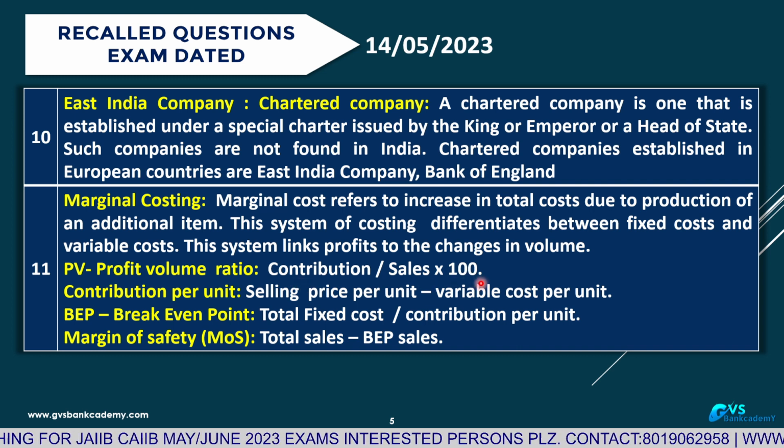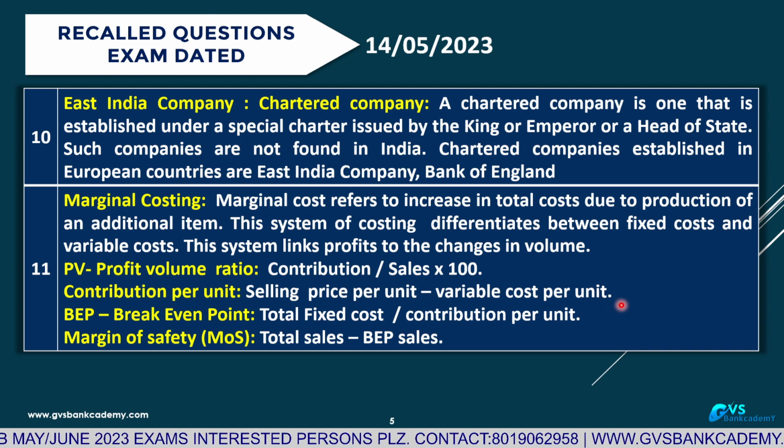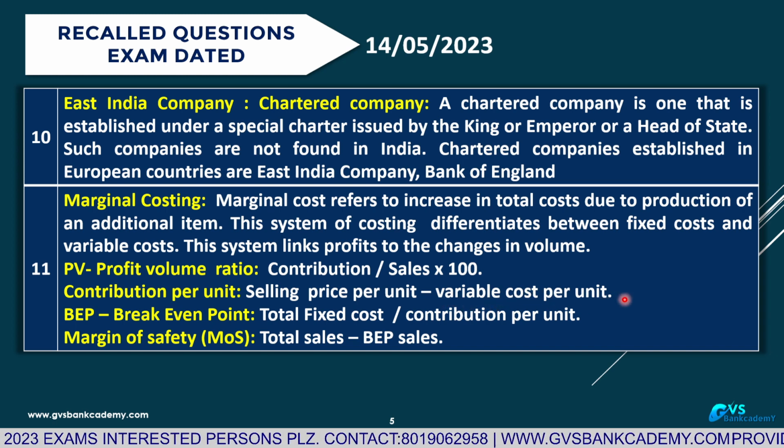Contribution per unit is equal to selling price per unit minus variable cost per unit. How will you get variable cost per unit? Total variable cost divided by number of units produced.